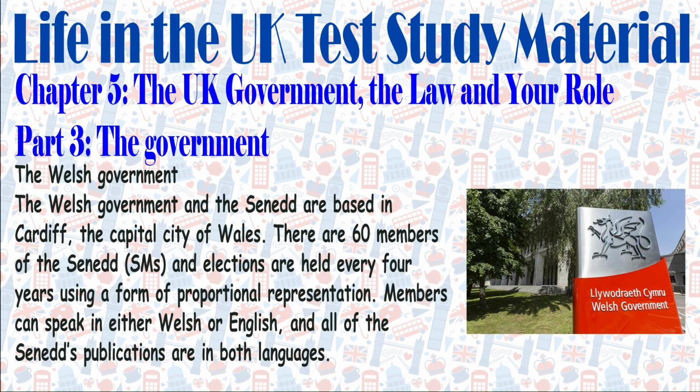The Welsh Government. The Welsh Government and the Senedd are based in Cardiff, the capital city of Wales. There are 60 members of the Senedd, MSs, and elections are held every 4 years using a form of proportional representation. Members can speak in either Welsh or English, and all of the Senedd's publications are in both languages.